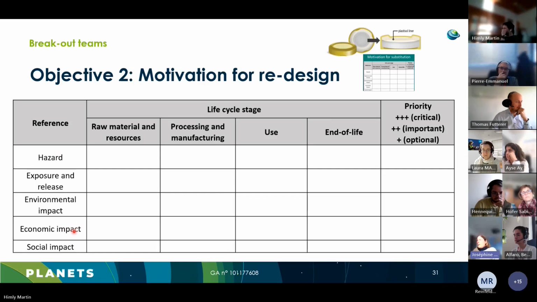Some cells, maybe most of the cells, will remain empty at the end of the exercise. The idea is not to fill all of them, but just to identify the purposes of the redesign of the substitution. And to also set priority.